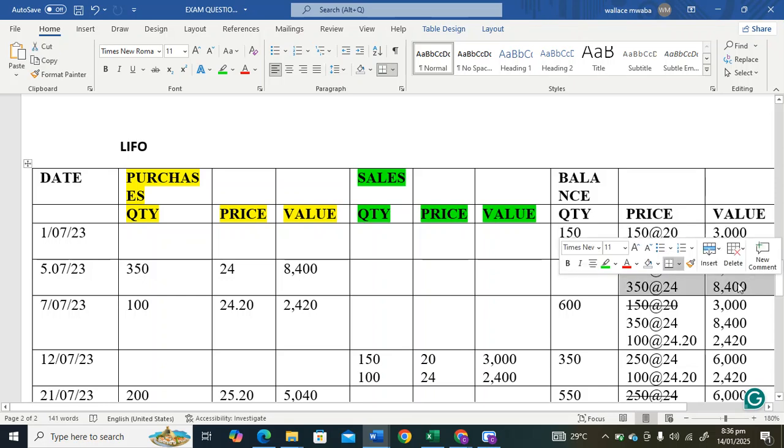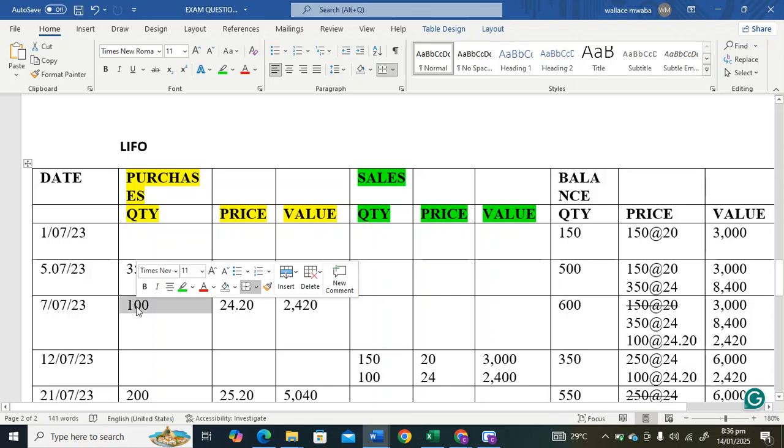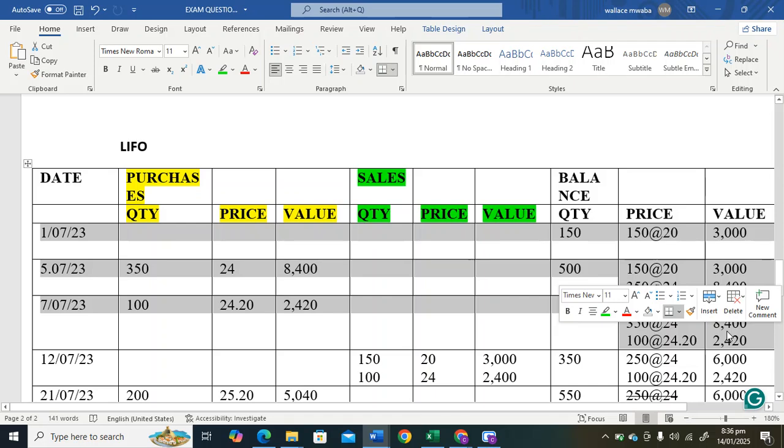And we've got our values for the goods here. On 7th July, we purchased another 100 goods valued at 24 kwacha 20. So these three transactions are still going to stay the same. Where it's going to change is when sales happen. With purchases, everything is the same, but with sales, it's different.